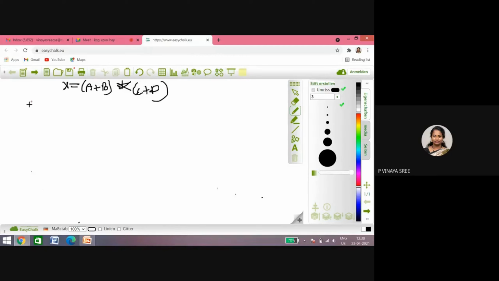Let me show the screen. Whenever we are performing a zero address instruction format, if the expression given is simple, then we can go directly solving based on the highest precedence and associative rule.